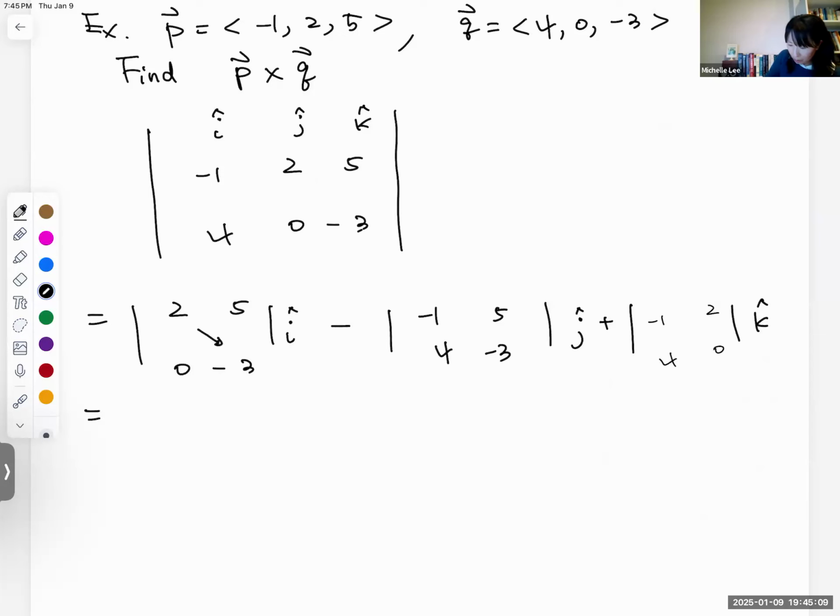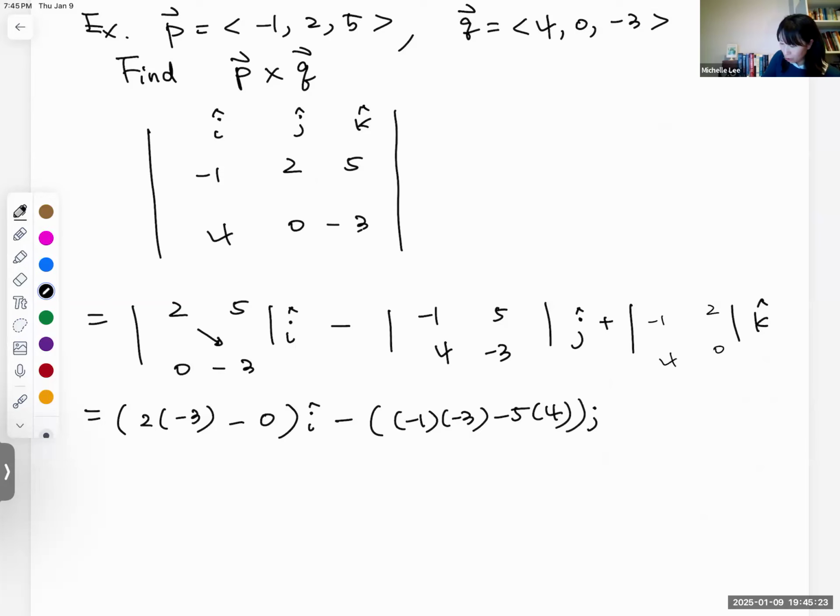So we multiply this way. So 2 times negative 3 minus 0 times 5 i, and negative 1 times negative 3 minus 5 times 4 j, and plus 0 minus 2 times 4 k, right? Okay. What do you get?